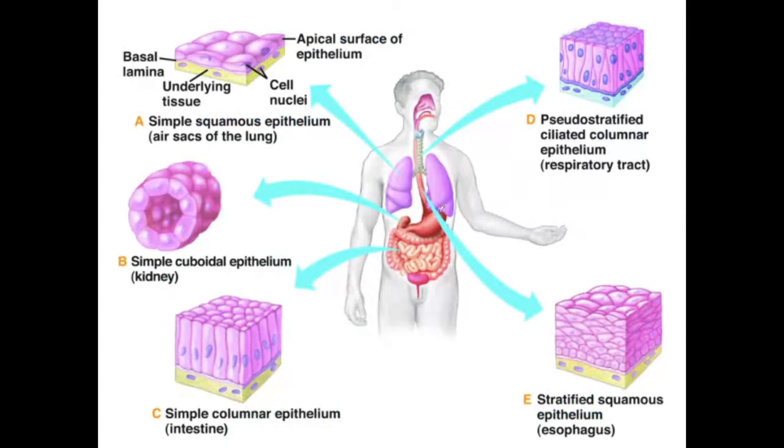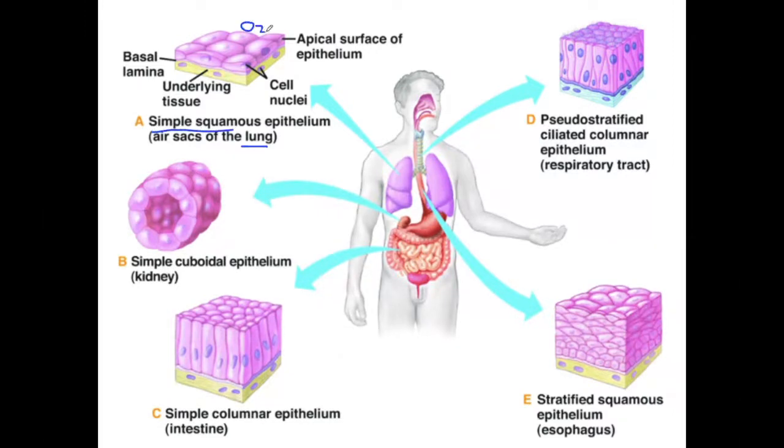So let's look at the last slide for epithelium. Let's look on the top at letter A with the lungs. In the lungs, where we have oxygen and CO2, notice it's simple squamous.